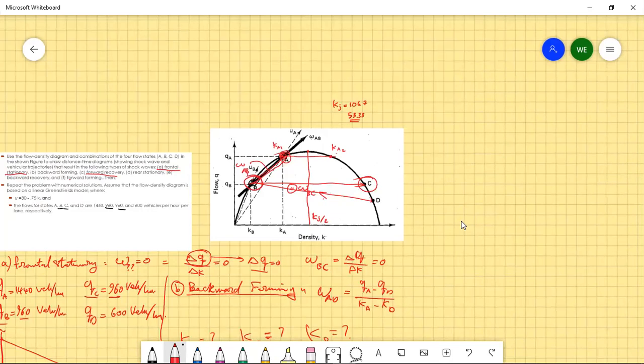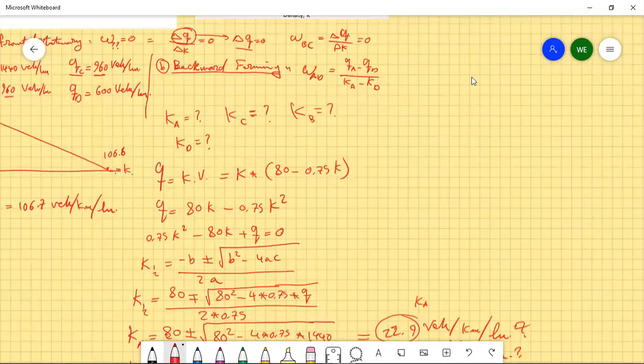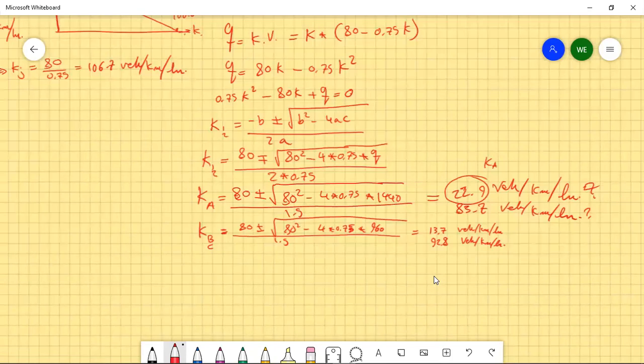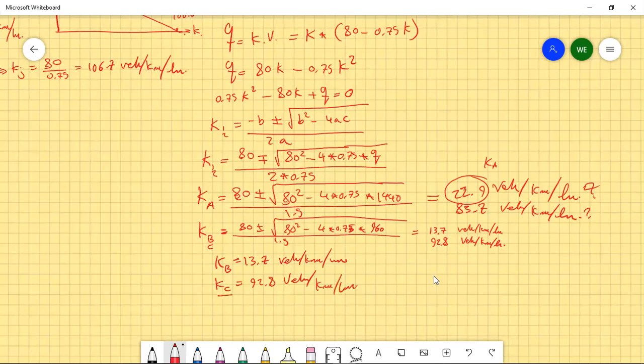Which one is going to be the density for C? KB equal 13.7 vehicle per kilometer per lane, and KC equal 92.8 vehicle per kilometer per lane, because C was the state that is congested, B the state that is uncongested.